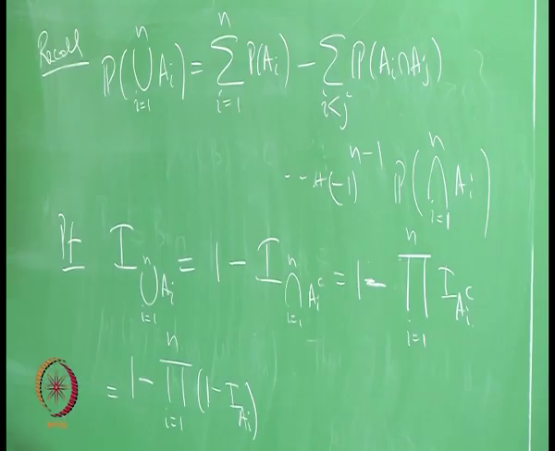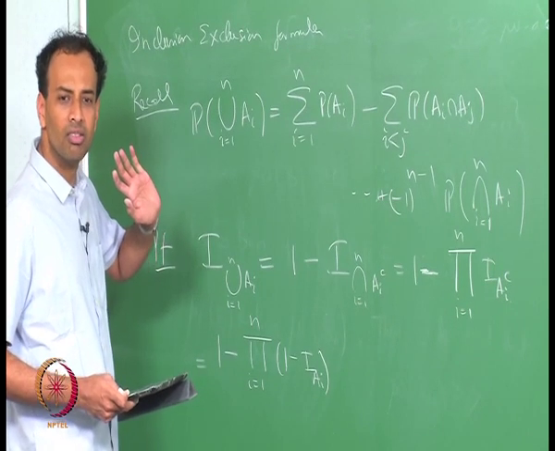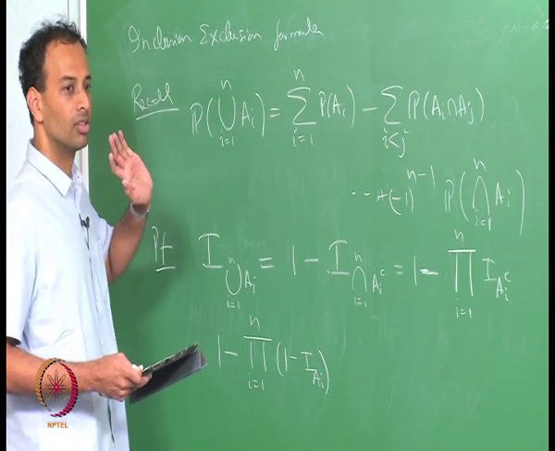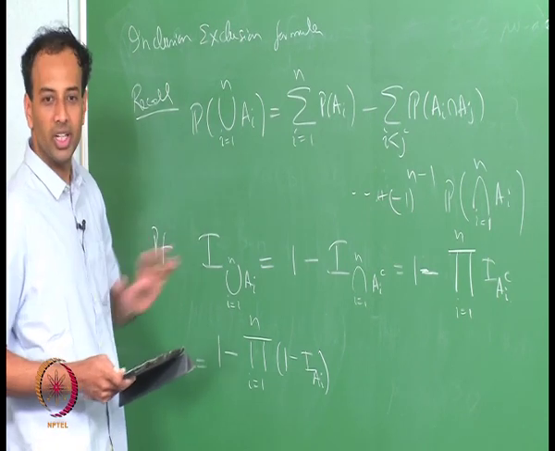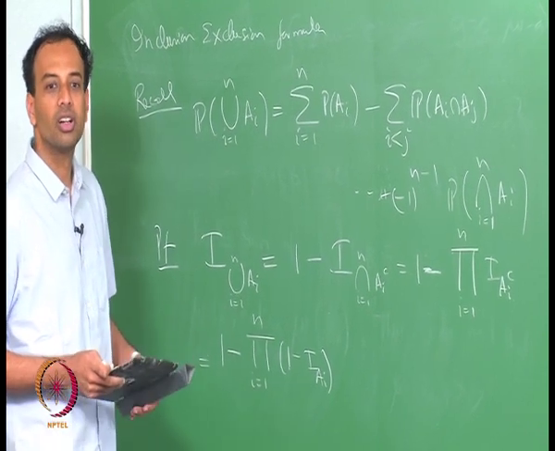Now, one more step is all that is needed. You have to go from indicator to probability. How do you go from the indicator of an event to the probability of the event?